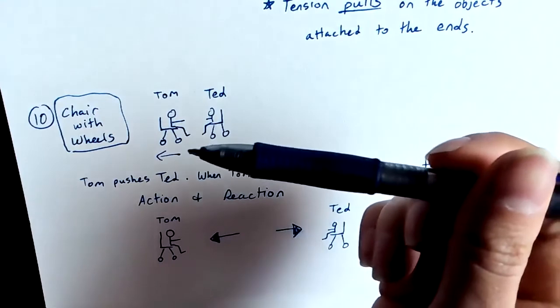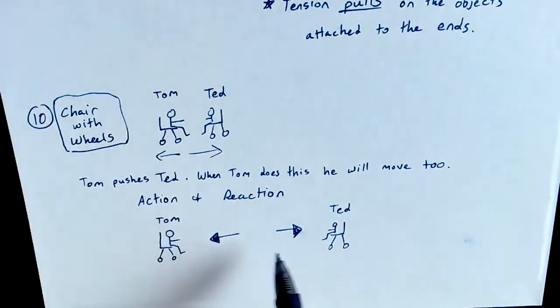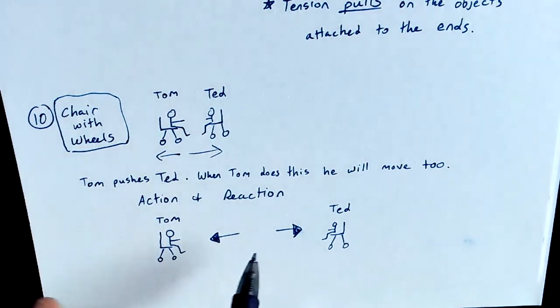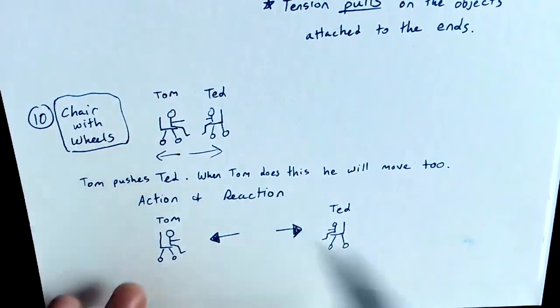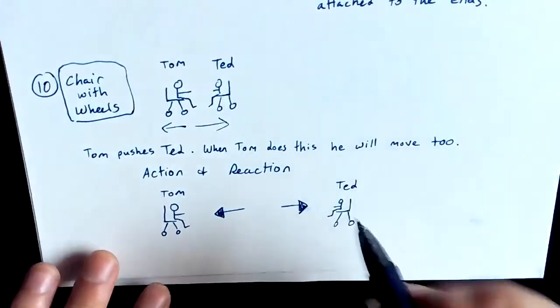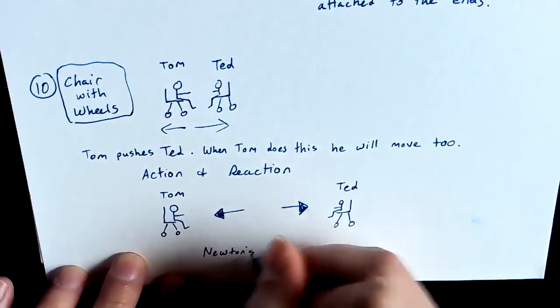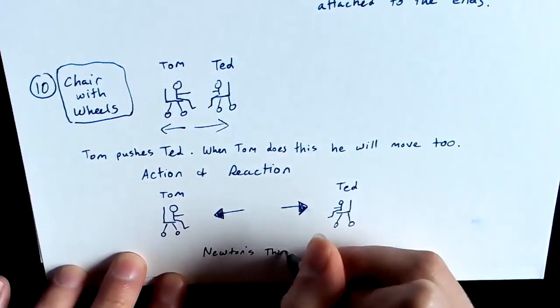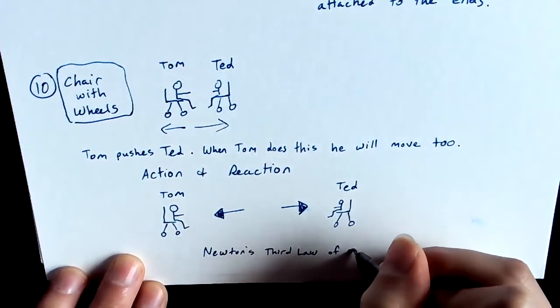There's an equal and opposite force going the other way. So this is what they're gonna look like afterwards. They're being pushed away because of, that's right, Newton's third law of motion.